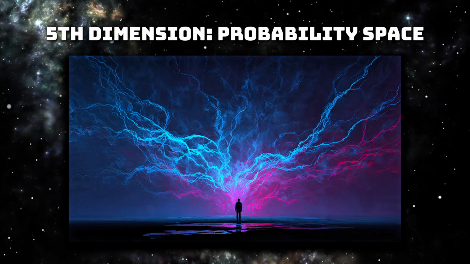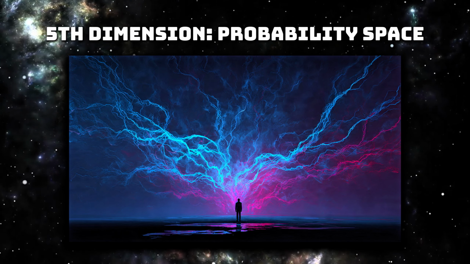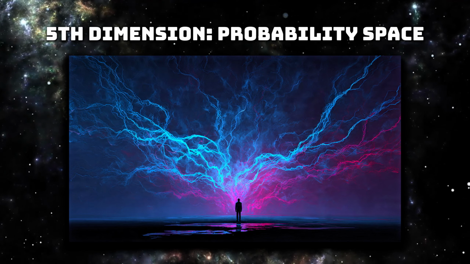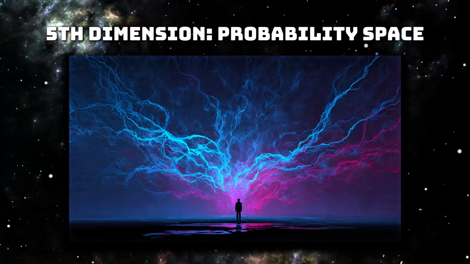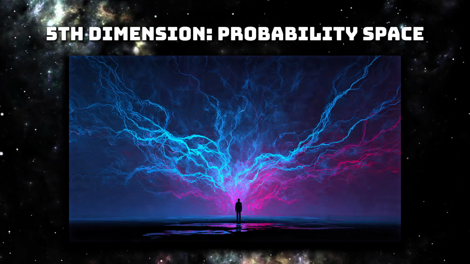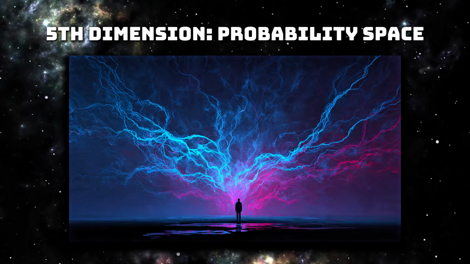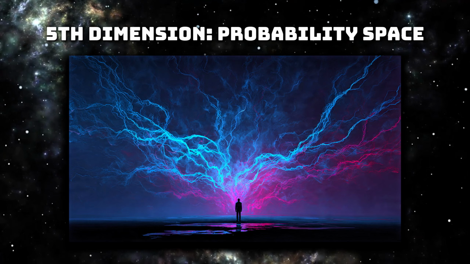This branching idea is not just philosophy or storytelling, there are strong scientific motivations behind it. In quantum mechanics, particles do not follow one definite path. Instead, they exist in superpositions of many possible states until they are observed. Each potential outcome is real in the mathematical description of the system.